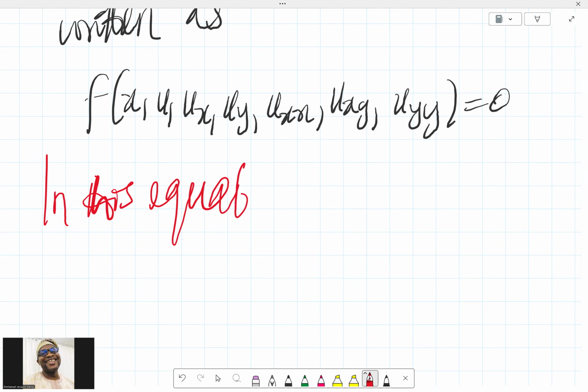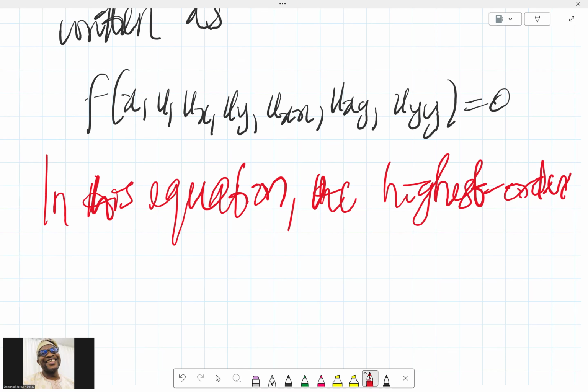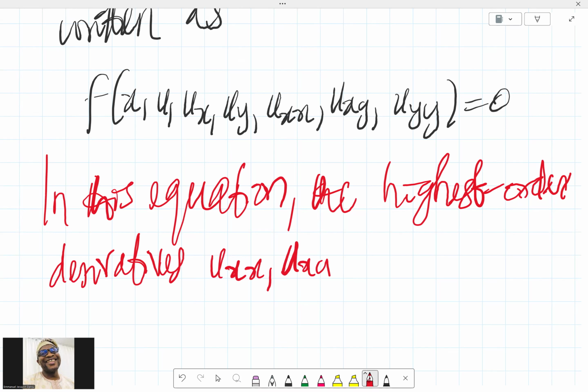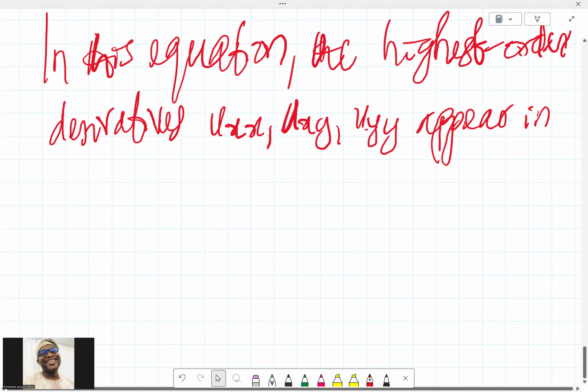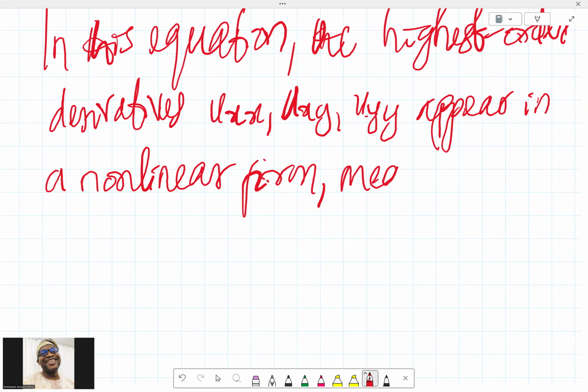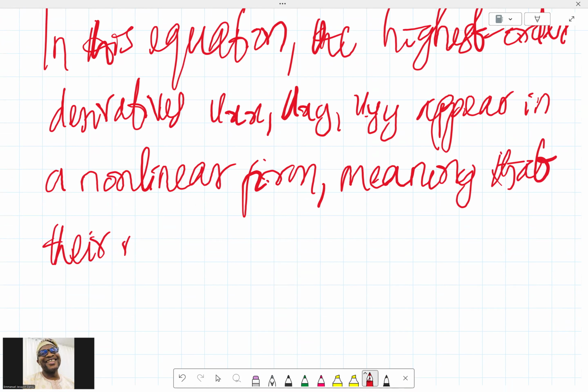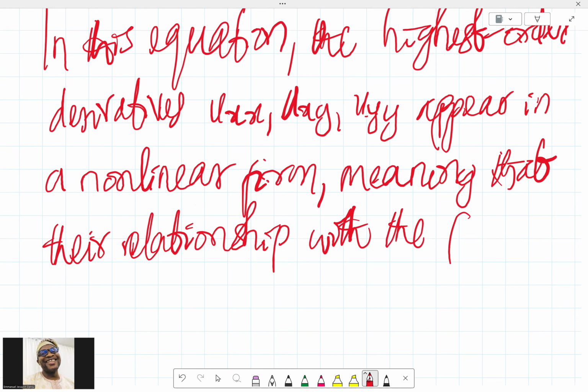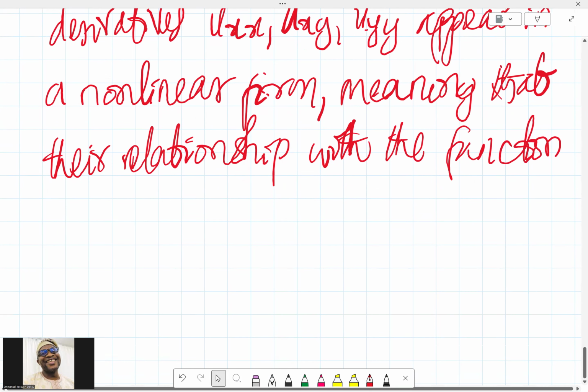In this equation, the highest order derivatives like u_xx, u_xy, and u_yy all appear in a nonlinear form, meaning that their relationship with the function u is not linear.